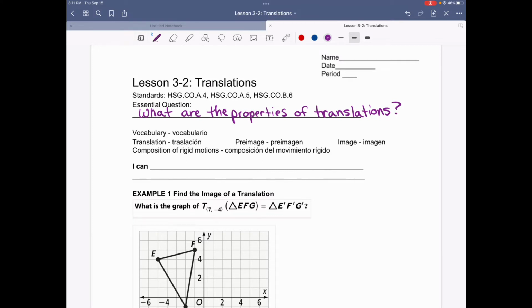Your vocabulary today, vocabulario, is translation, traslación, pre-image, pre-imagen, image, imagen, composition of rigid motions, composición del movimiento rígido.